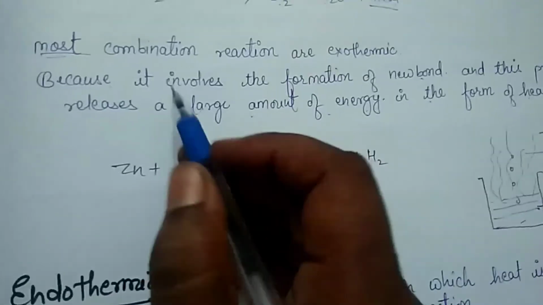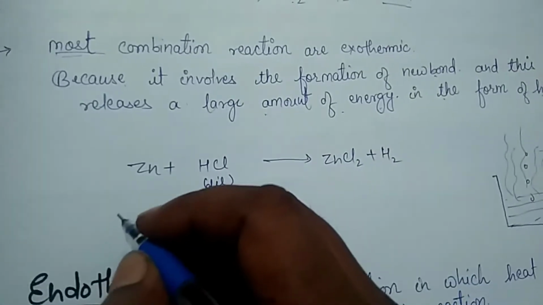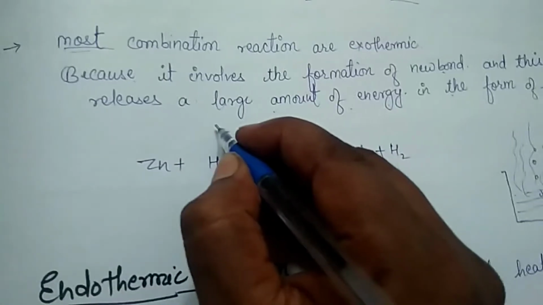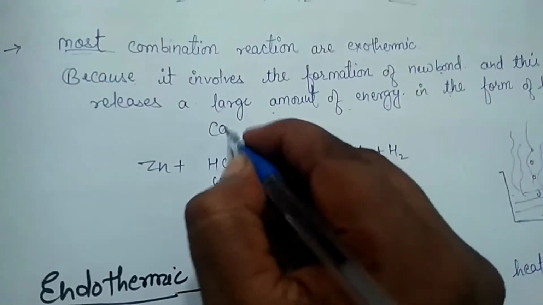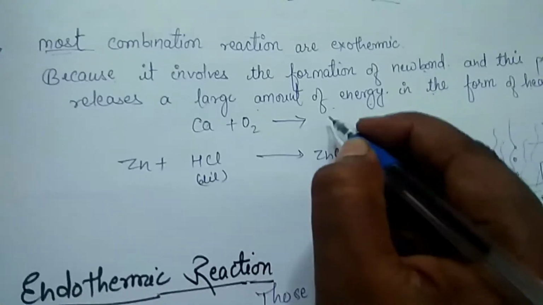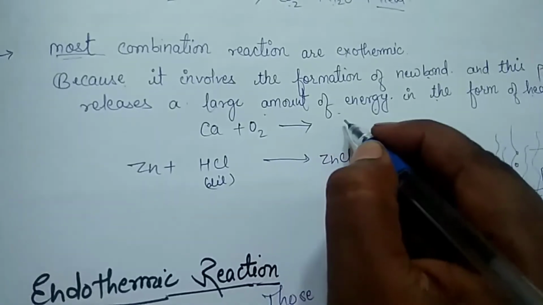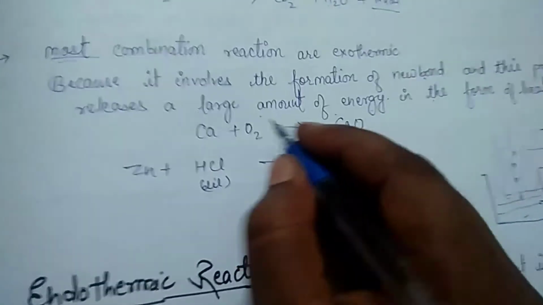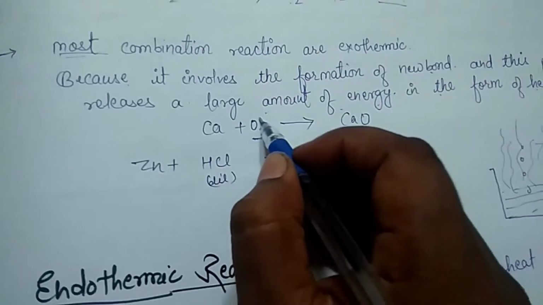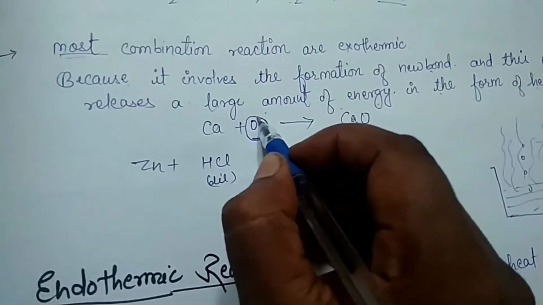Let us take an example to understand this. Suppose this is calcium and this is oxygen. When calcium burns in air, it forms calcium oxide. There is a covalent bond between the oxygen molecule.